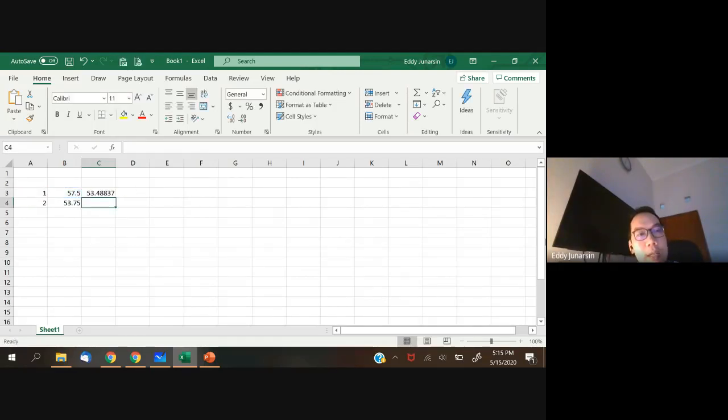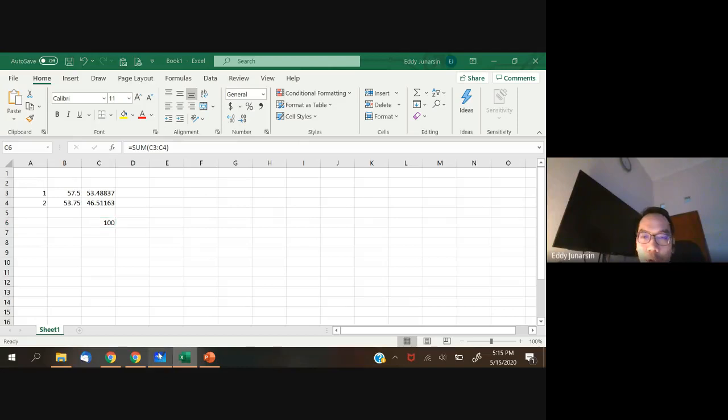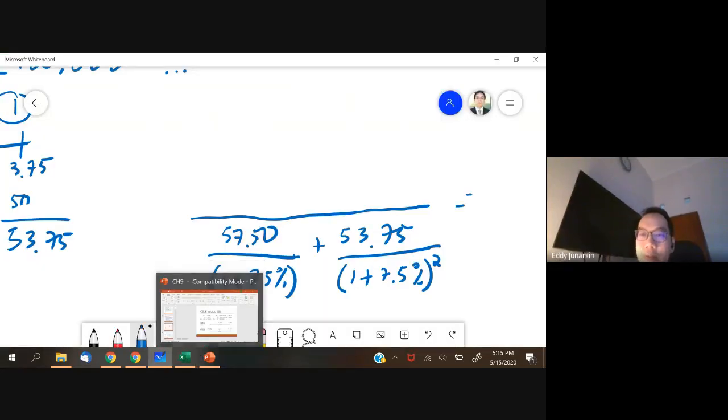I can make a copy, but just for the sake of example, we do it again: 5375 divided by 1 plus 7.5% to the power of 2. Then we sum them together. So we get 100. So 100 is the denominator.